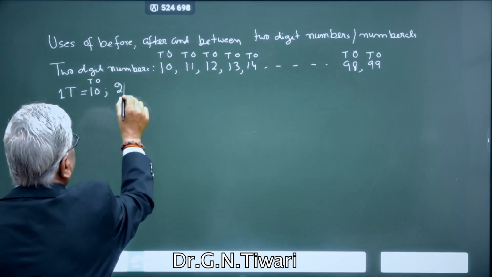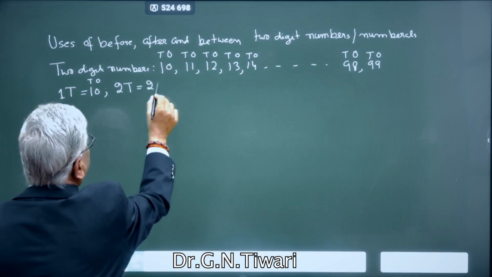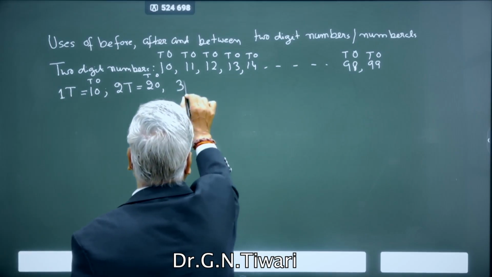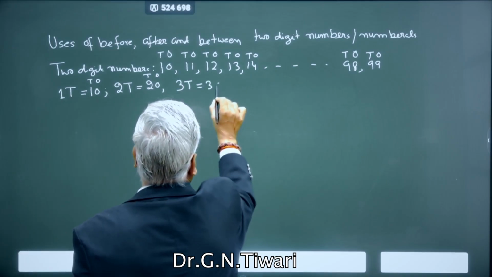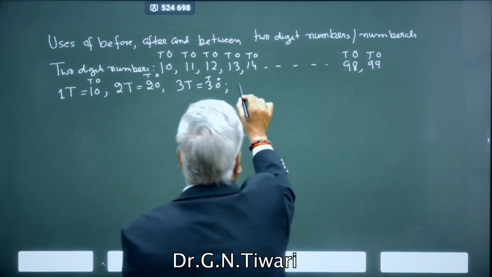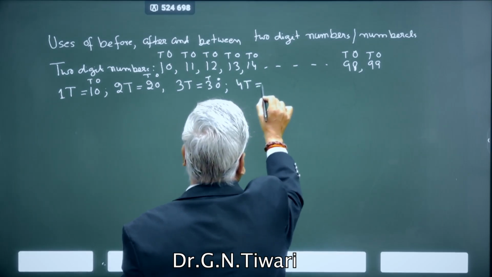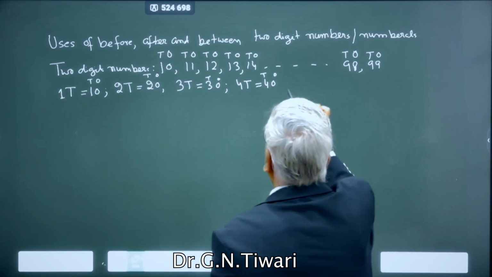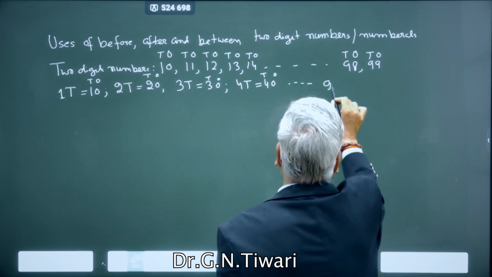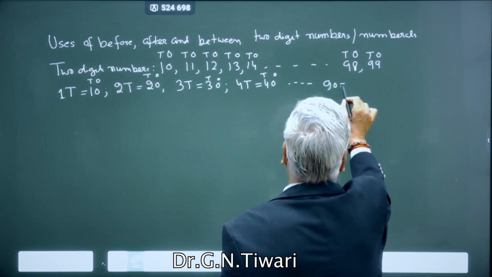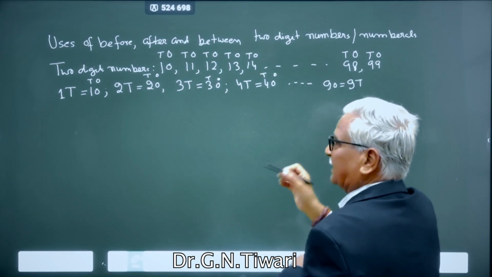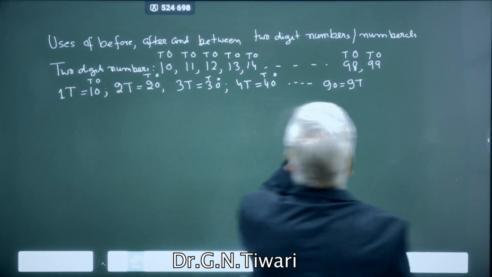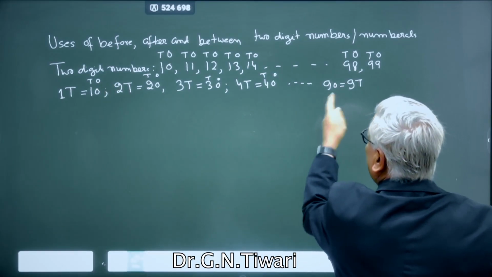Then 2T means 20, O and T. Now 3T means 30, O and T. 4T is equal to 40, and carry on up to 90, which can be written as 9T. I am just getting the reverse one. Means 1T is equal to 10 and 10 is equal to 1T. Because of that, 90 is equal to 9T.